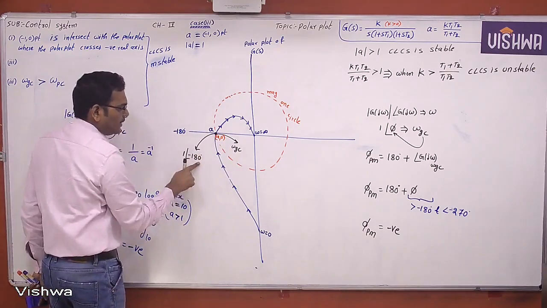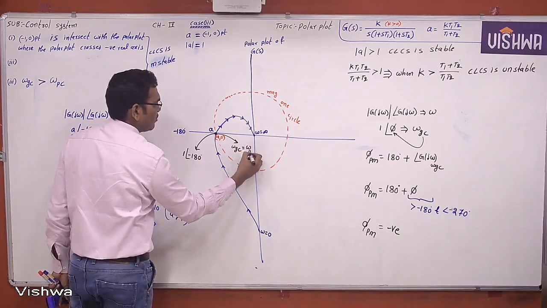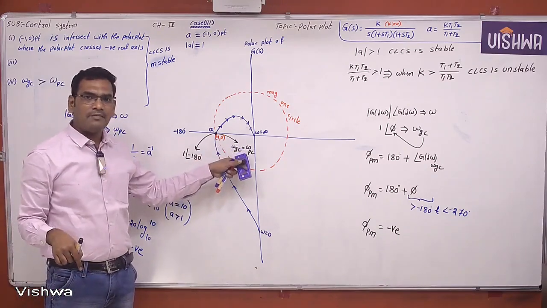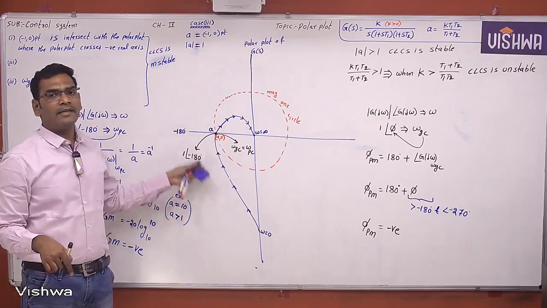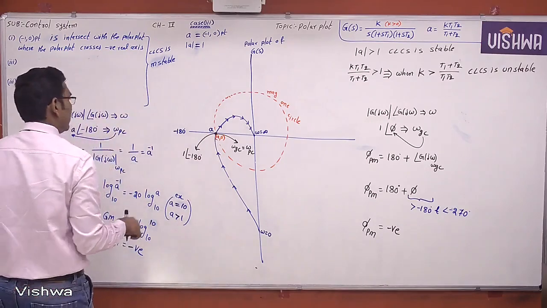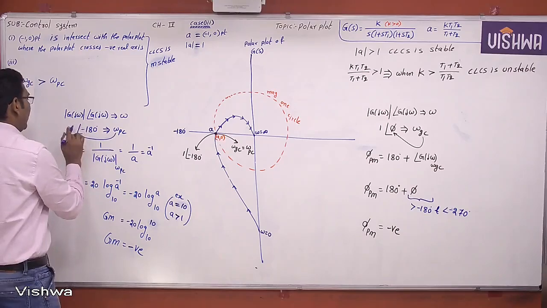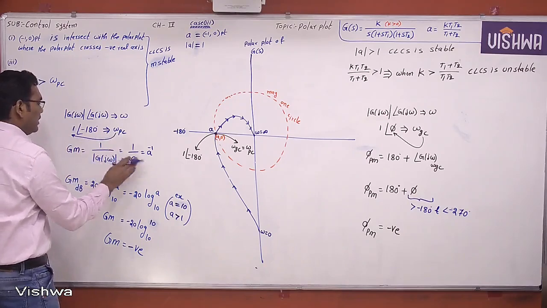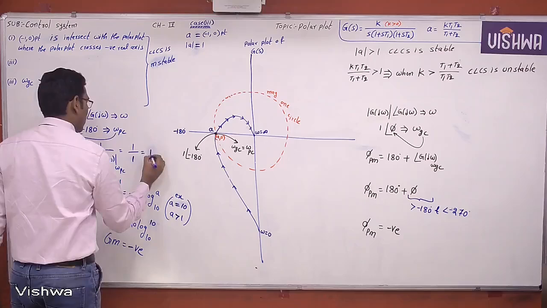And when phase angle is minus 180 degrees, this particular frequency is called the phase crossover frequency. Therefore, here it is 1 at an angle of minus 180 degrees. Phase is minus 180 degrees, phase crossover frequency. At the phase crossover frequency, magnitude is 1 by 1, which is equal to 1.